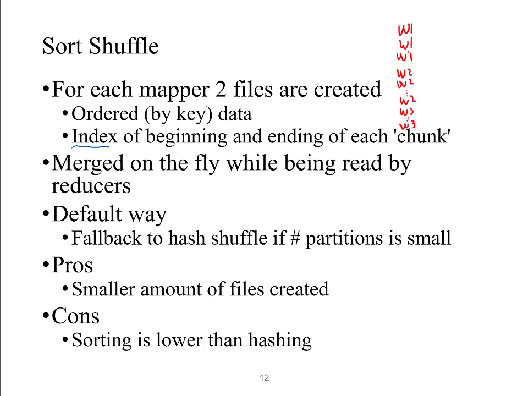So a chunk is all the data with the same key combined together. So it will record the beginning and the ending of each chunk. So this is formed as an index.